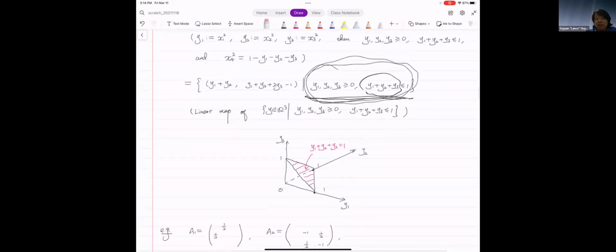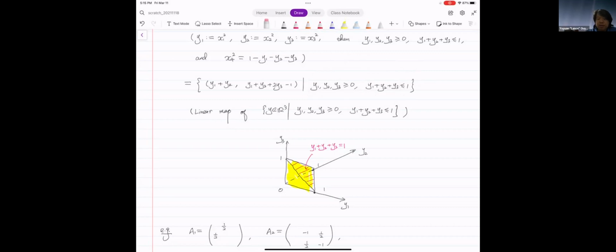Okay, so if we draw the set, it looks like this. I draw the plane y1 plus y2 plus y3 equal to 1 in 3D. That's over here. And then I look at the first octant, whatever is below this plane. So it's this polyhedron. Okay, this is called an extended simplex.